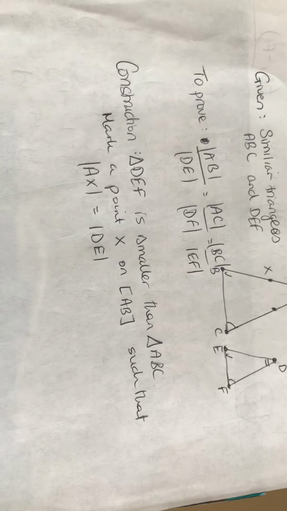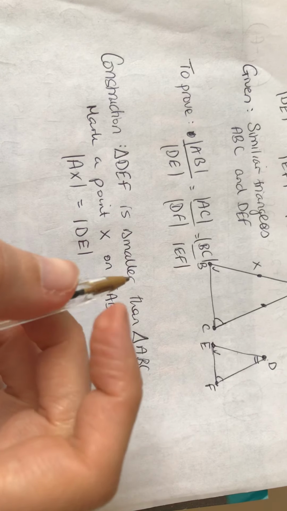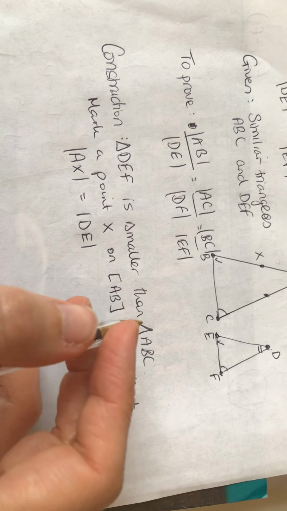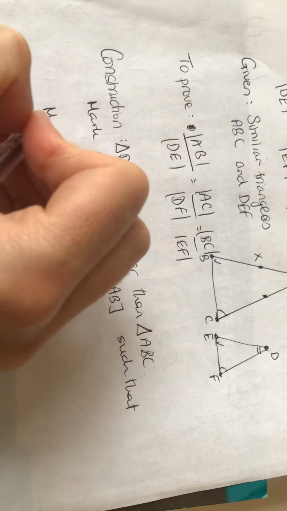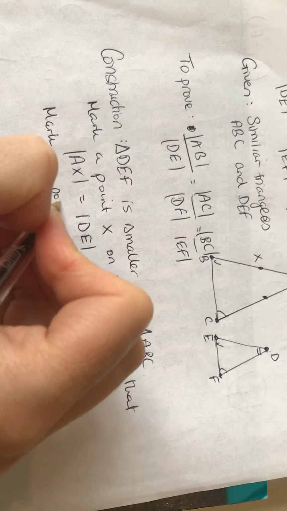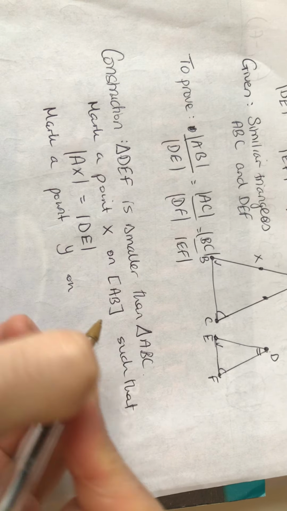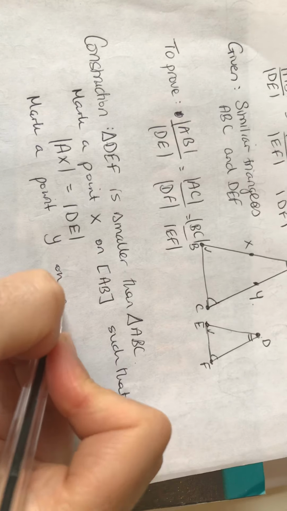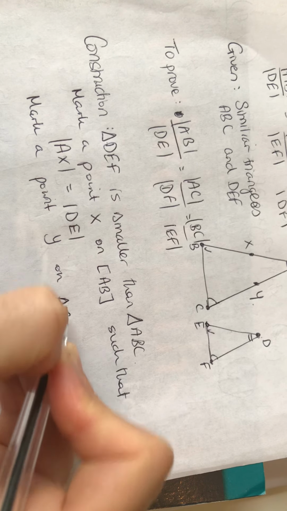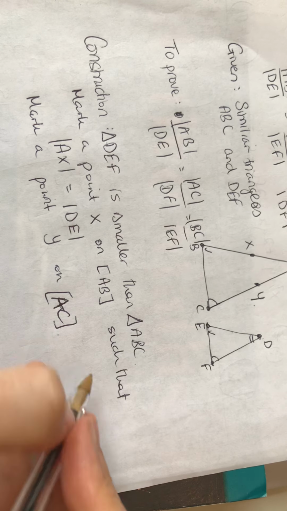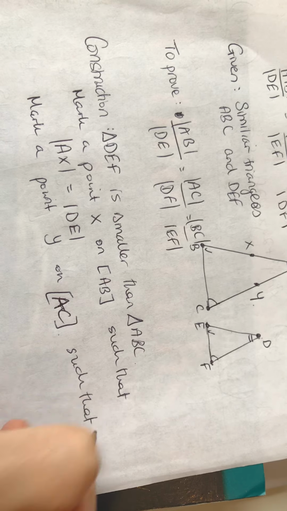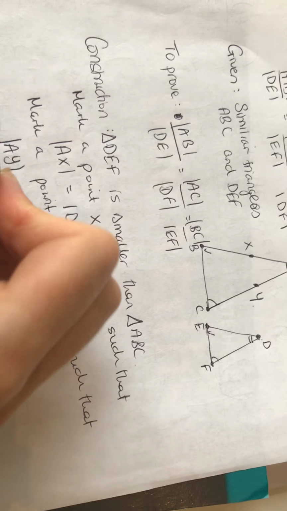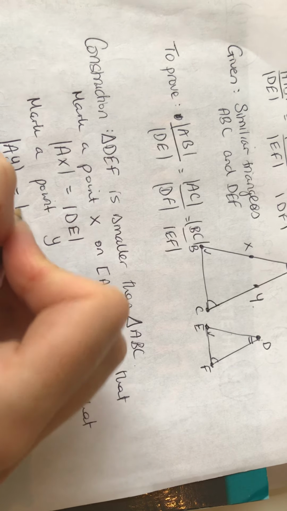This is a very long way around of saying I'm pretty much just drawing the same triangle on top of this one here. And then I need to mark a point, so we're doing the exact same thing again. Mark a point Y on AC such that AY is equal to DF.